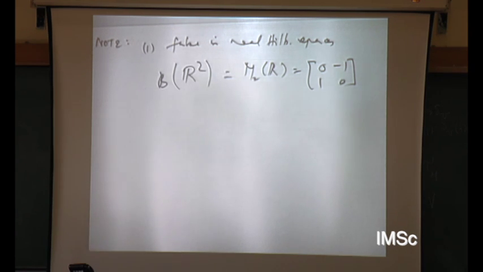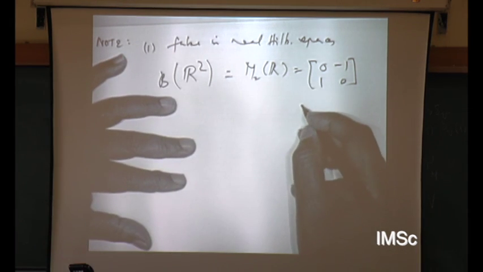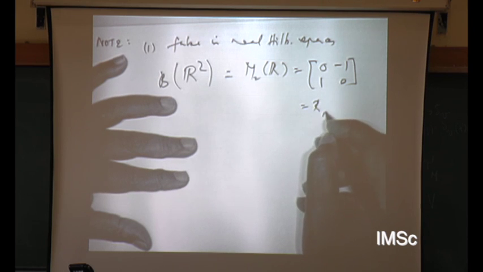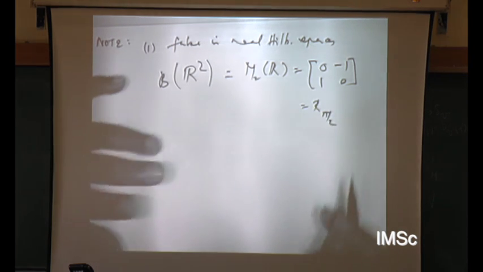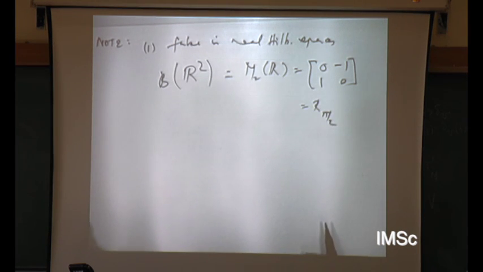This matrix, if you think about it, is just the rotation by an angle of pi by 2 in R2. It sends E1 to E2 and sends E2 to minus E1. Right?